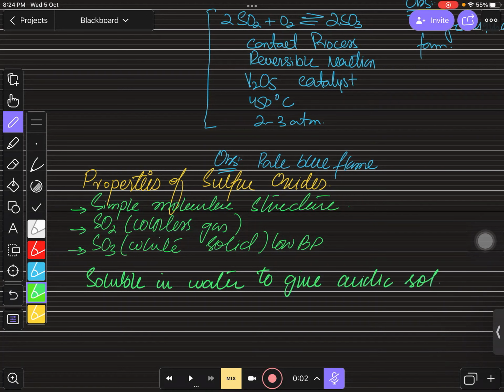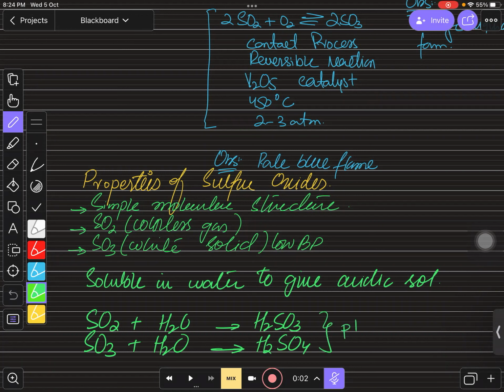Right, so when sulfur dioxide dissolves in water, it will give you sulfurous acid, H2SO3. When SO3 dissolves in water, it will give you sulfuric acid, H2SO4, right? And both are strong acids, and the pH of both the acids is 1, right? But these are very important.